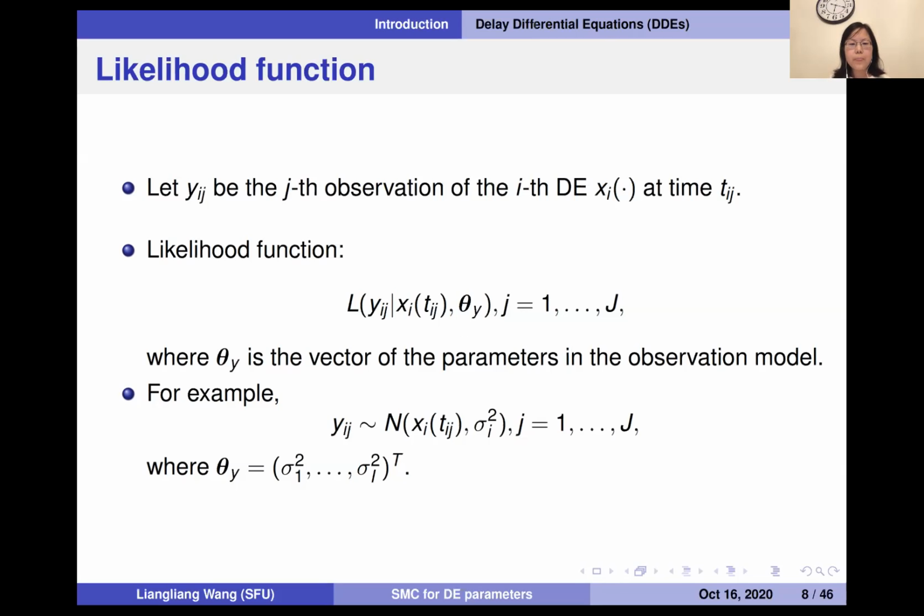For example, if we assume the observation y_ij follows the normal distribution with mean x_i at time t_ij and variance sigma_i squared, then theta sub y, the parameters in the observation model, includes sigma 1 squared until sigma I squared. So this is the notation for the observation model.